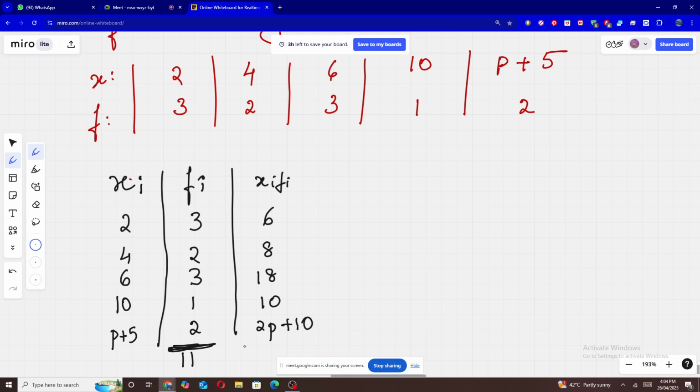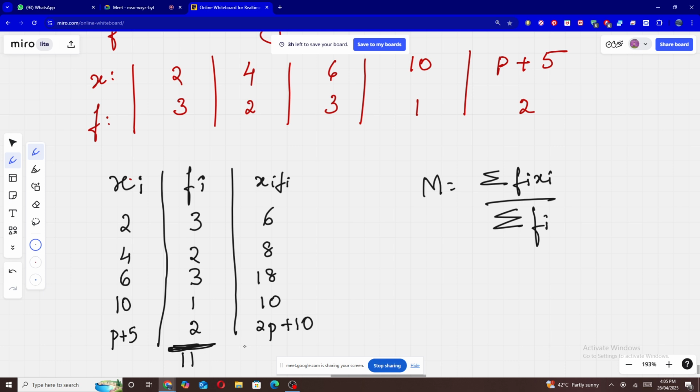6 is equal to... Mean is equal to sigma Fi Xi by sigma Fi. So what is sigma Fi Xi? Mean is given. So 6 is equal to. Not to multiply all this. Multiply.